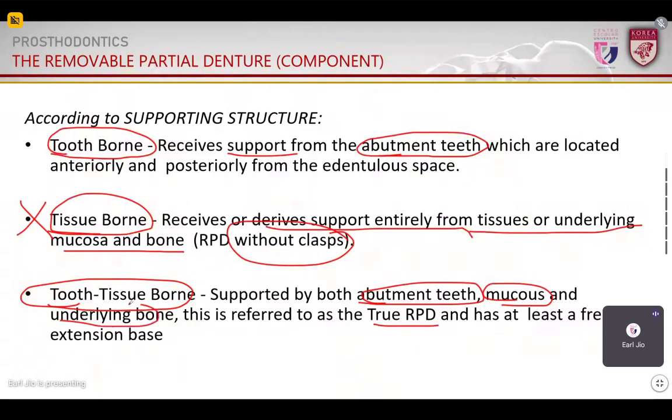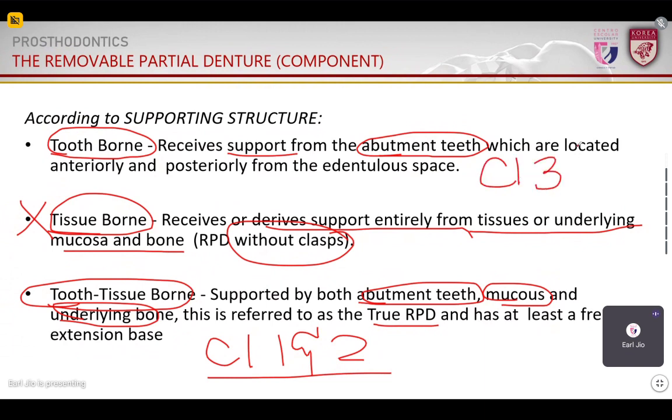This is referred to as the true RPD and has at least a free end extension base. So usually makikita natin ang true RPD or tooth-tissue borne kapag Class 1 and Class 2 Kennedy case. Sa tooth-bounded cases naman, Kennedy Class 3. Okay?